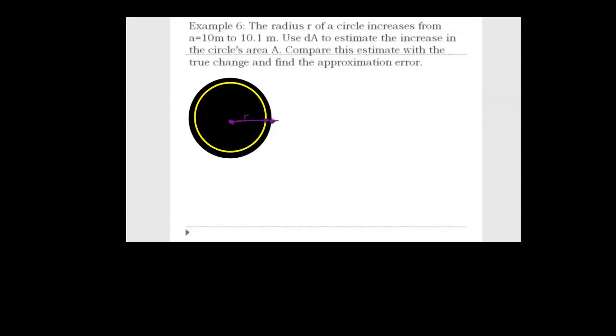So if we wanted to talk about the circle's area, if the radius changes from 10 to 10.1, how much does the area change? That means we need to talk about area of a circle. So area of a circle is pi r squared. So the area of the circle when the radius is 10 is pretty easy. It's 100 pi.